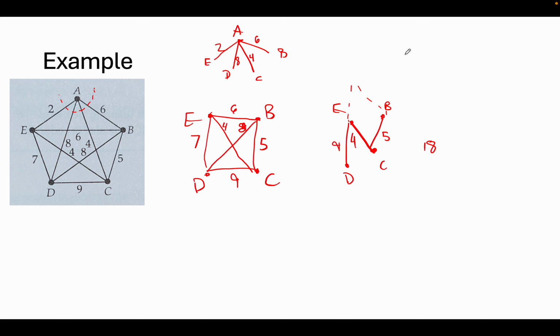So if we add 18, so if we add 2 and 4, then that gives us, no, that's not right. Did I make a mistake?